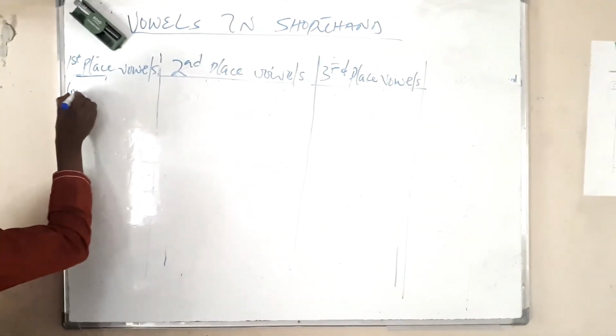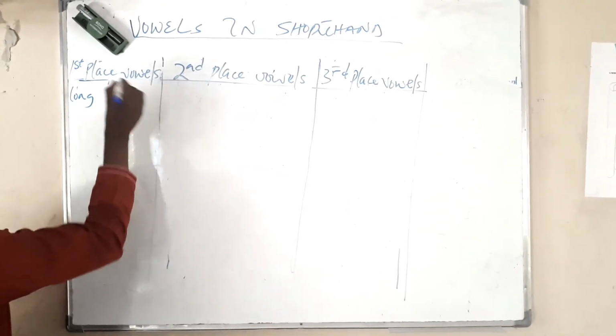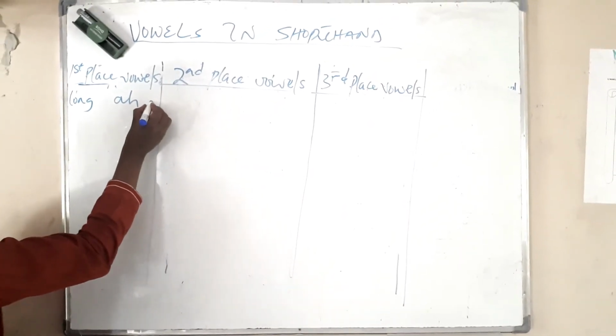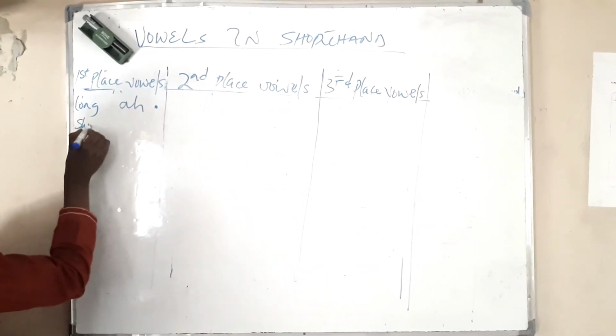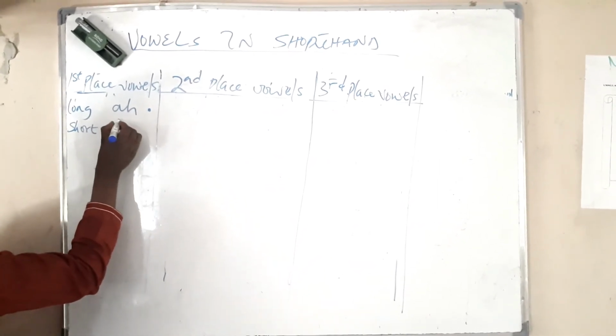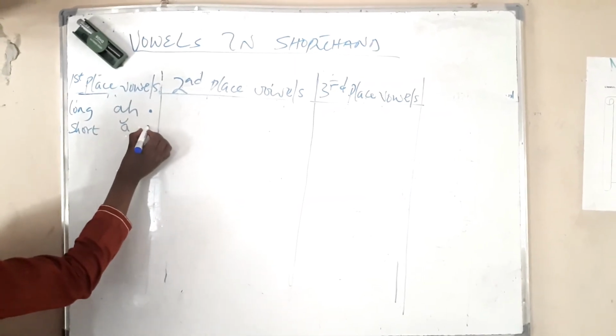First of all, we have long A, which is represented by a heavy dot. Then we have short A, which is represented by a light dot.